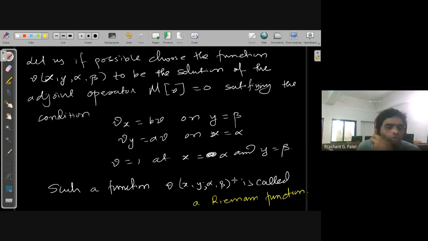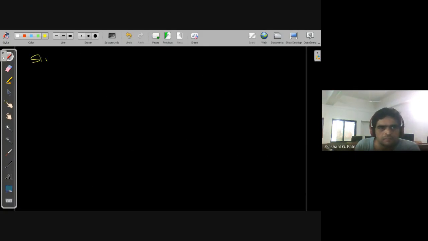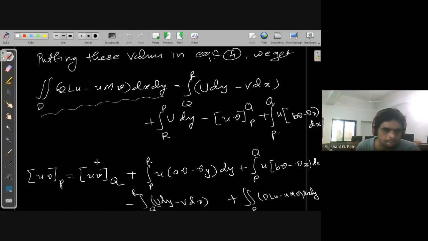Actually, the Riemann function is the solution of a hyperbolic equation where the data is prescribed on both the characteristics passing through the point P of alpha beta. If you know this information, then you are able to solve such a thing. Now, since L of U is equal to F, which we have, we obtain from this integration, and at P, P is the point where we have alpha beta.